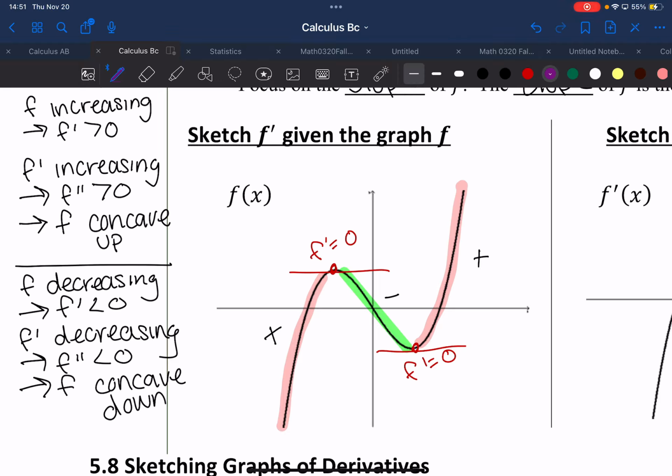We know that where f prime is equal to 0, at that peak and valley, is going to correspond to where the x-intercepts are going to be. Using that, I'm able to draw a sketch of what the derivative would look like.